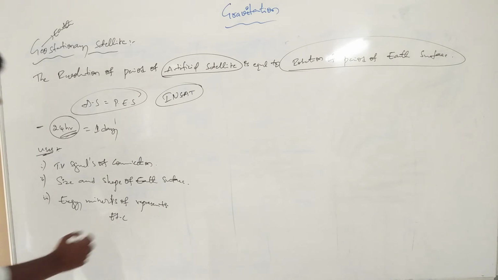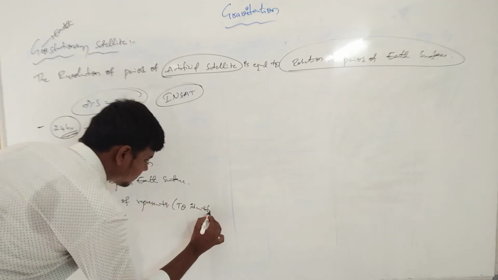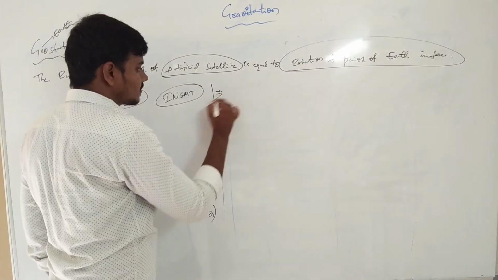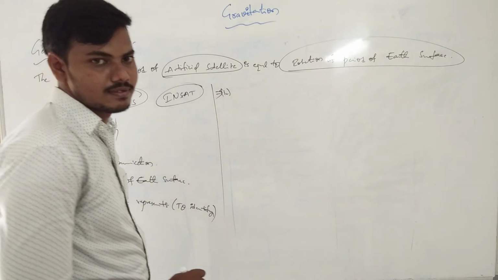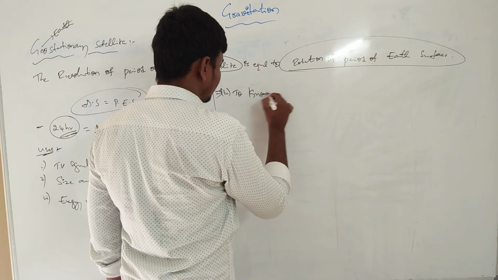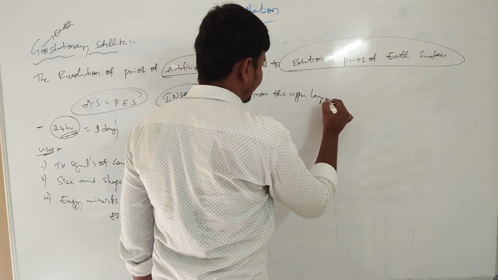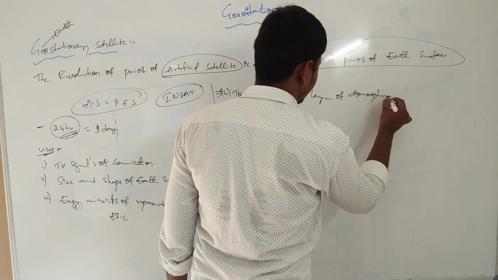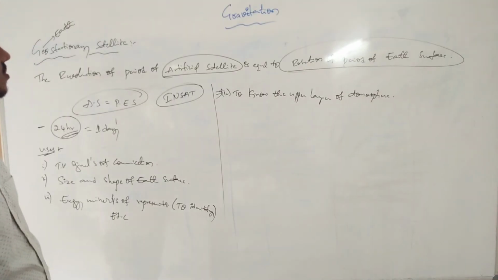Then the fourth one, to know the upper layer of the atmosphere. These are all the best uses of a geostationary satellite.